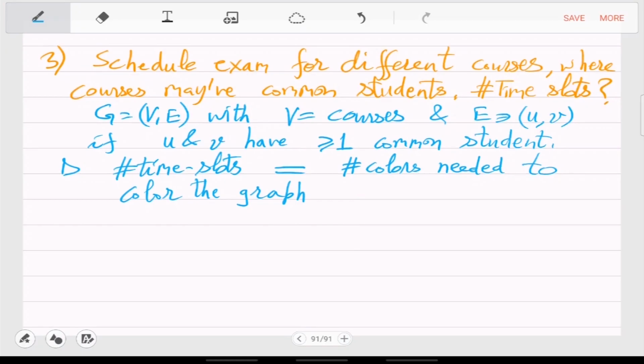Whenever we say color a graph by coloring the vertices, what we always mean is that if there is an edge, then the edge endpoints should be colored differently. This is the definition of coloring in general. So how many colors will be needed, that will be the number of slots also, such that no edge is monochrome.